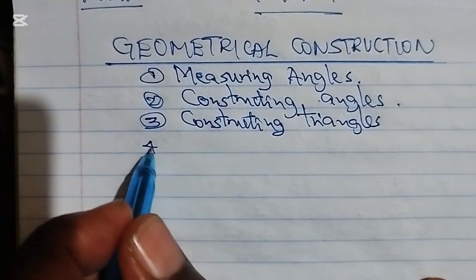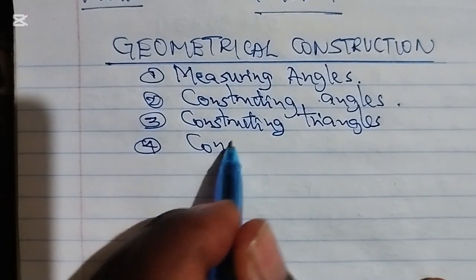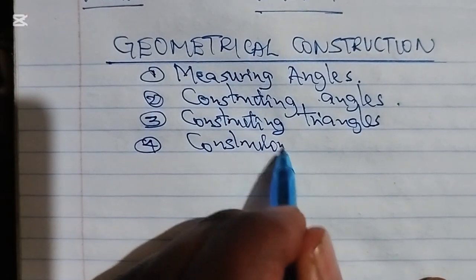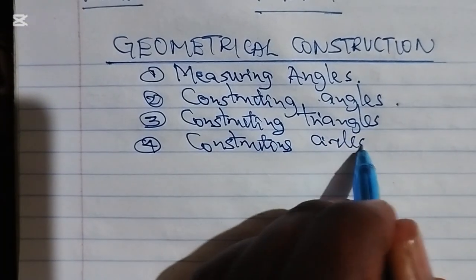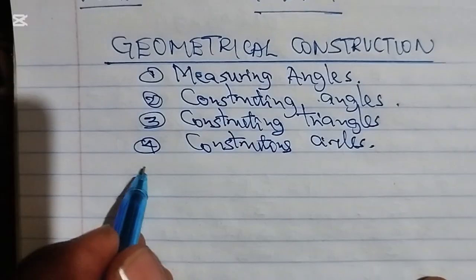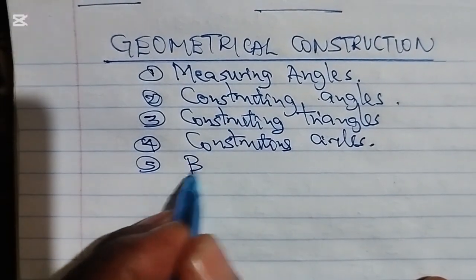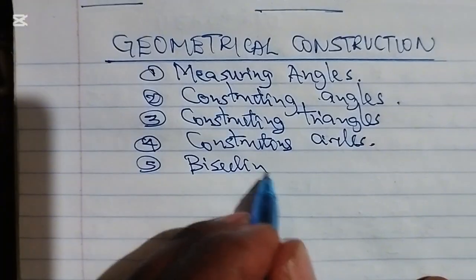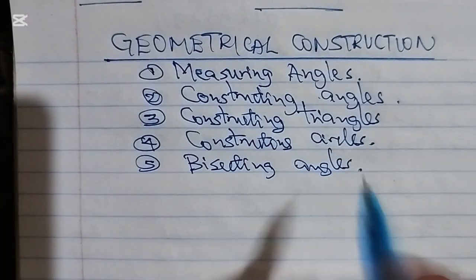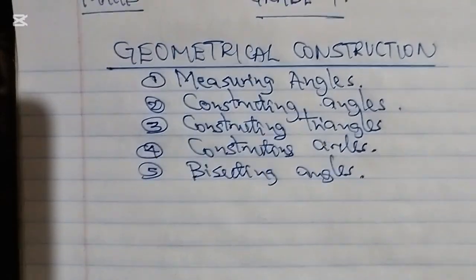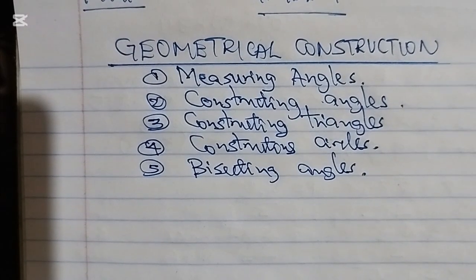Then finally, number 4, we are going to discuss constructing circles. Apparently I forgot one. We have also bisecting angles. So these are the things that we are going to consider in our discussion, dear learners.